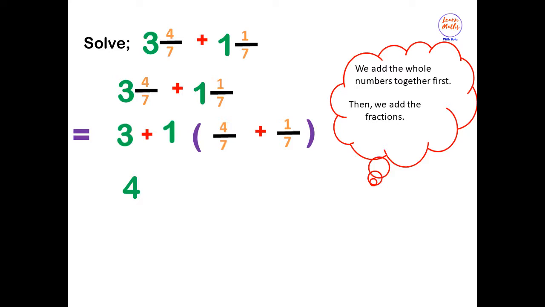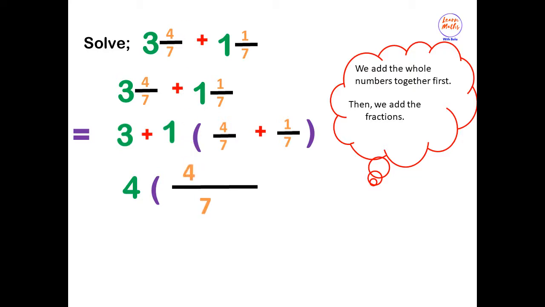I've added them together. But the fractions, looking at this, they are like fractions. And what do I mean by like fraction? They have the same denominator. So we just pick out one of the denominators, which is 7.